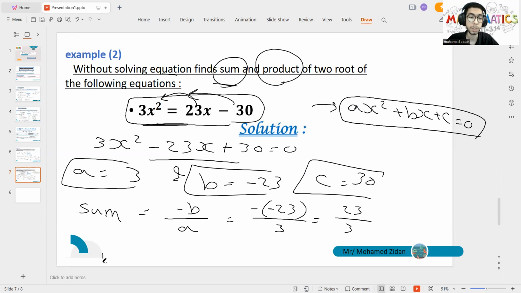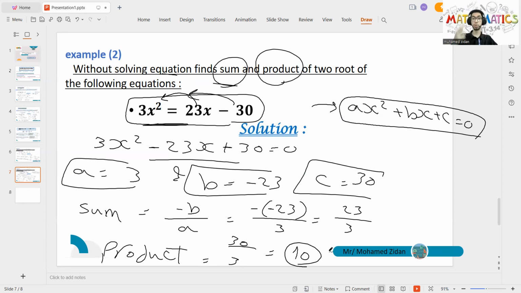Then the product of two roots is c over a. C equals 30 over 3, which is 10. Then the product of two roots equals 10 and the sum of two roots equals 23 over 3.